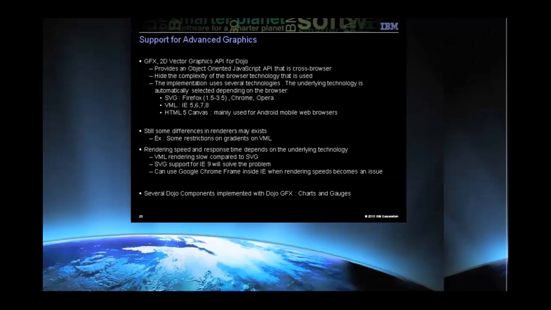Another problem that may appear when you are rendering a lot of data with GFX is that the rendering speed and the response time of your application depend on the underlying technology. You would usually get very good performance when using SVG, and really slower rendering speed when using VML on Internet Explorer.